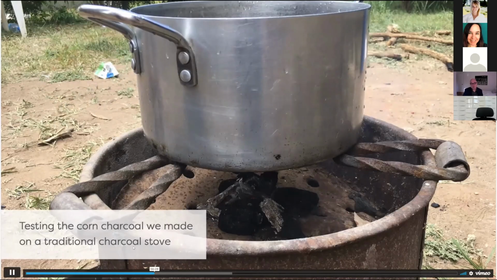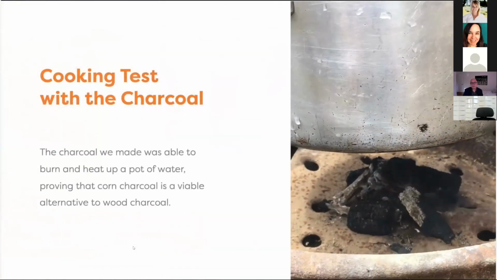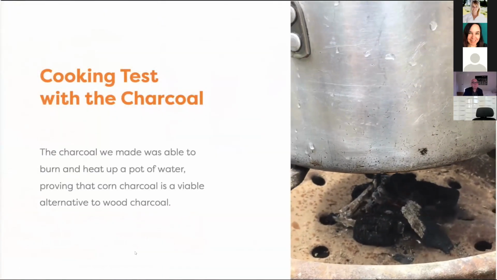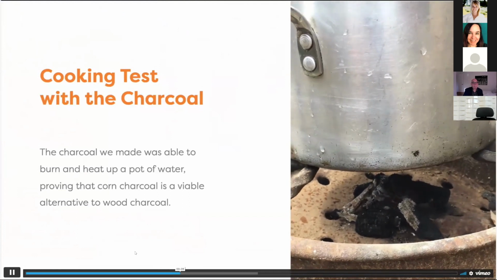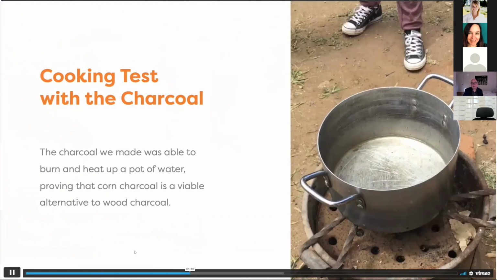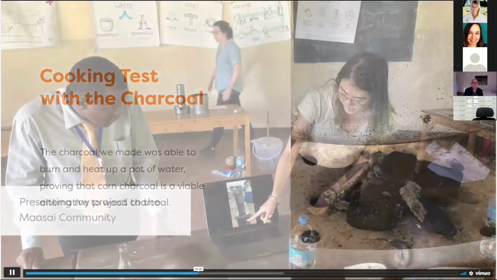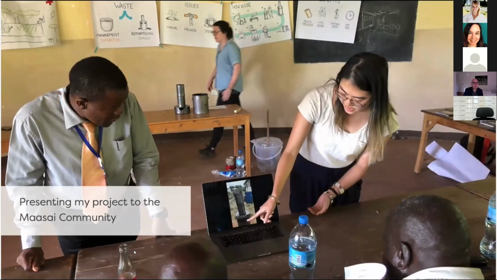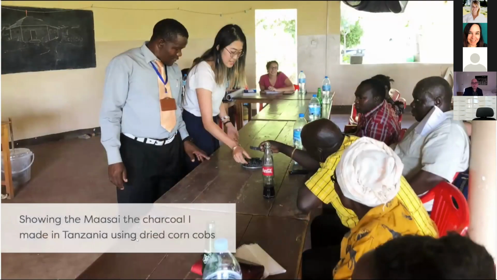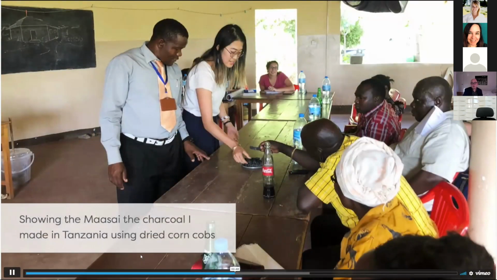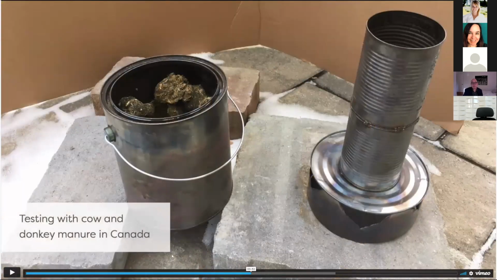Then after the charcoal was produced, it was tested to see if it could boil water, and also to evaluate the amount of smoke that it produced. She presented the project to the group. They got a lot of understanding of it. They also got to look at the product that was produced from it.